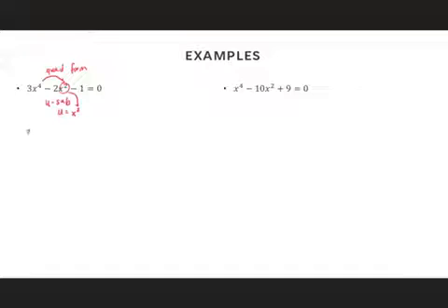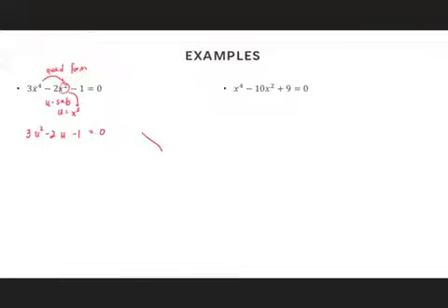So we're keeping our 3, we're keeping our 2, we're keeping the 1, but our variables are now, I have 2 of them in the first term, 1 of them in the second term. So I'm going to factor 3u squared minus 2u minus 1, which is a quadratic, which we've been factoring, and isn't as scary looking. If you want to factor these just using the x's and the x's squared, absolutely fine. If you need to change it so that your brain doesn't get intimidated, this is how we do that.